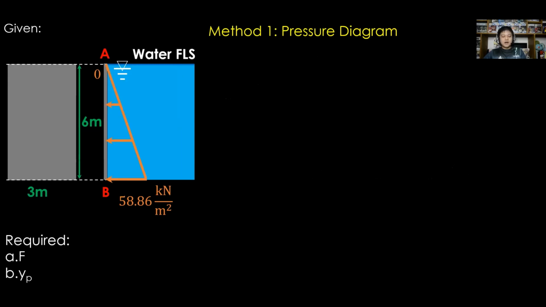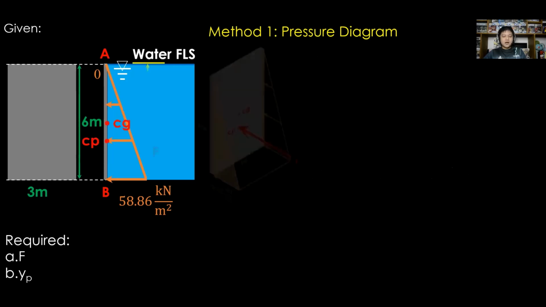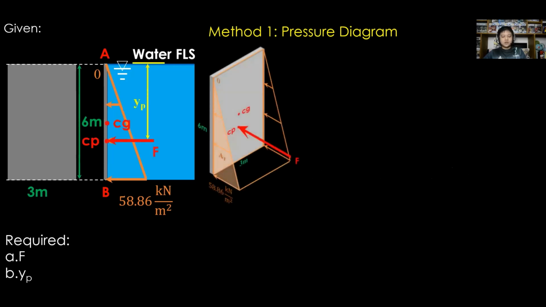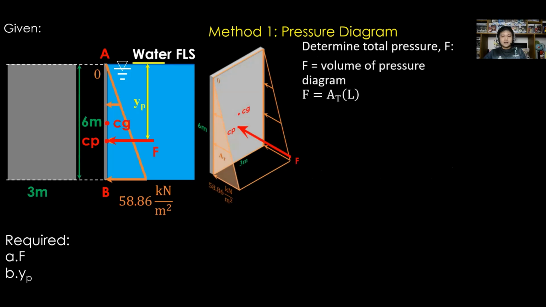Next is to determine the value of force F and location Y sub P. For F, it is equal to the volume of the pressure diagram, or A sub T, the area of the pressure diagram, times L, the width of the surface. Substitute values.